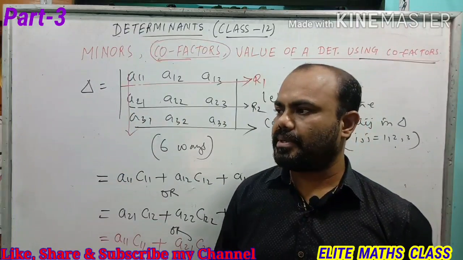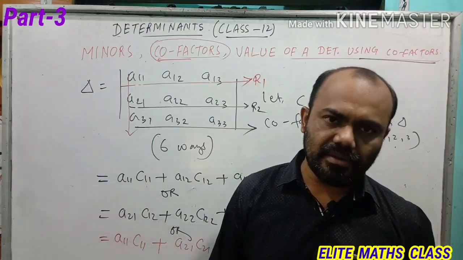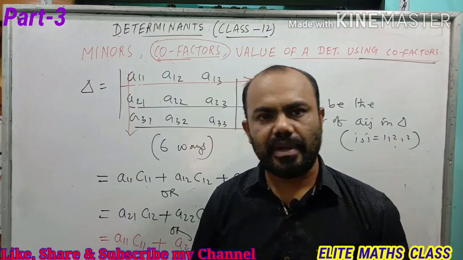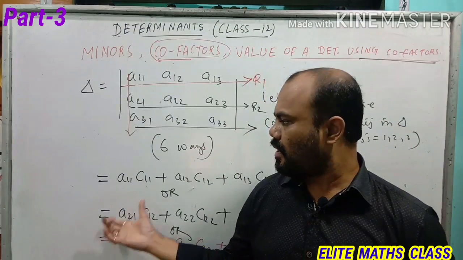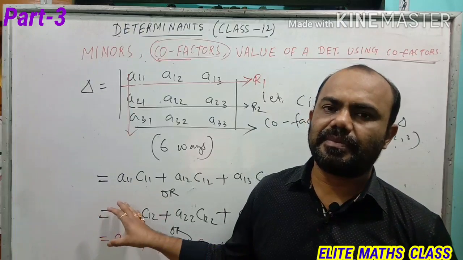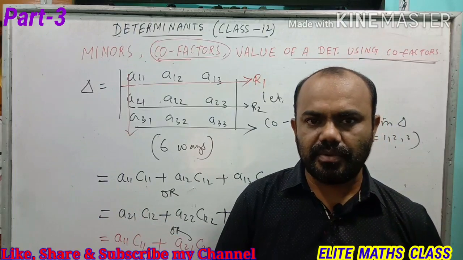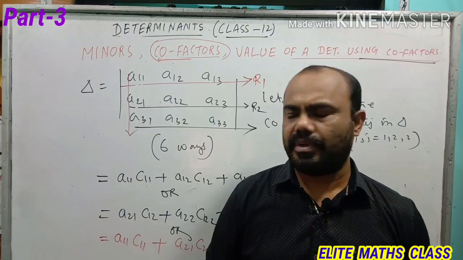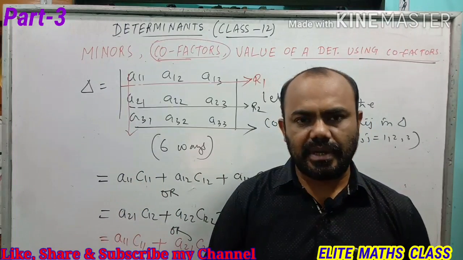So up to this we have discussed what minors are, what cofactors are, how to find cofactors just by using their minors and the rule of sign, and the last one, how to find the value of a determinant by using cofactors. This concept is actually very important for MCQ type questions also. Using this relation, different questions can be formed. So I hope these things are clear.